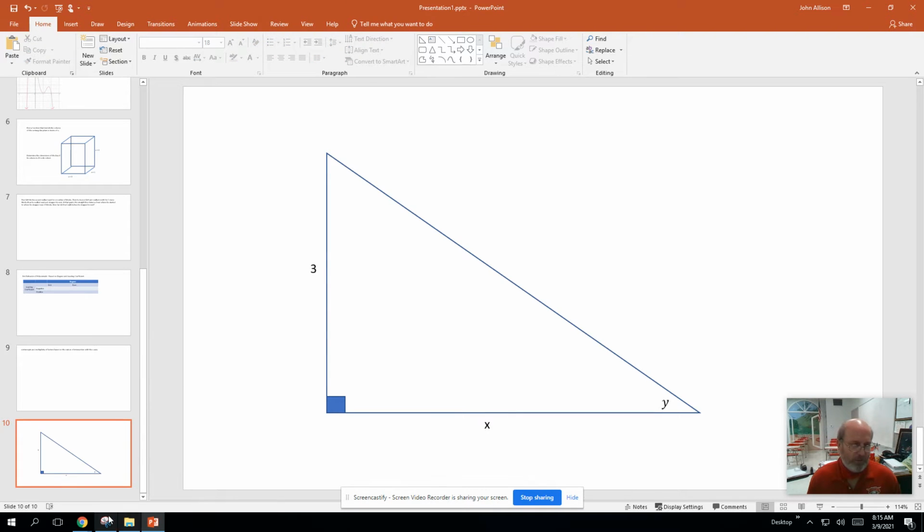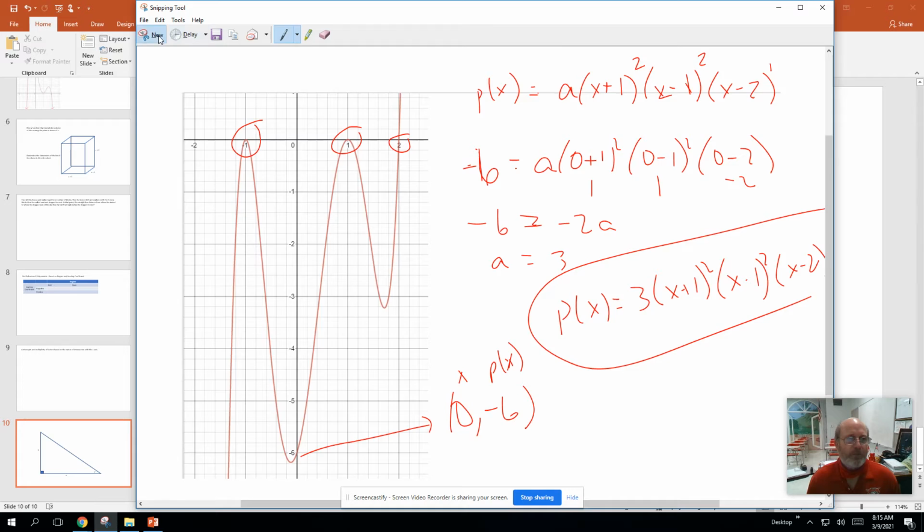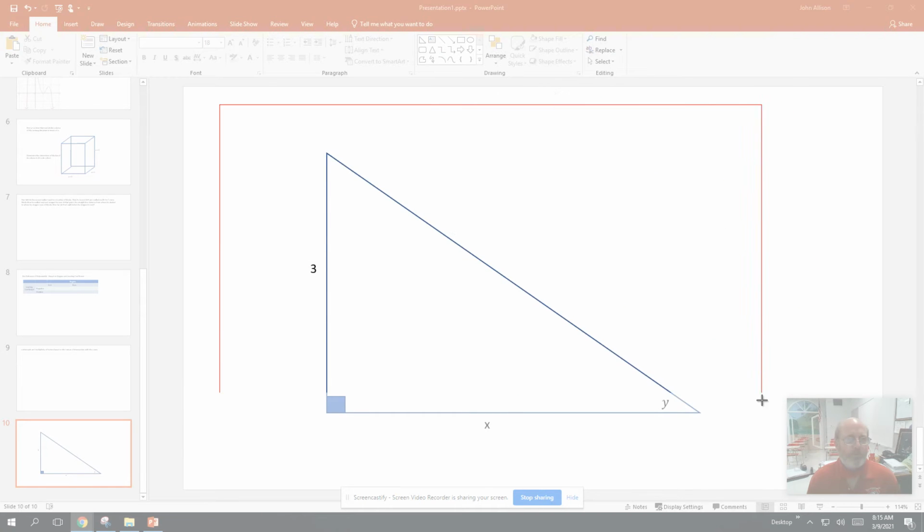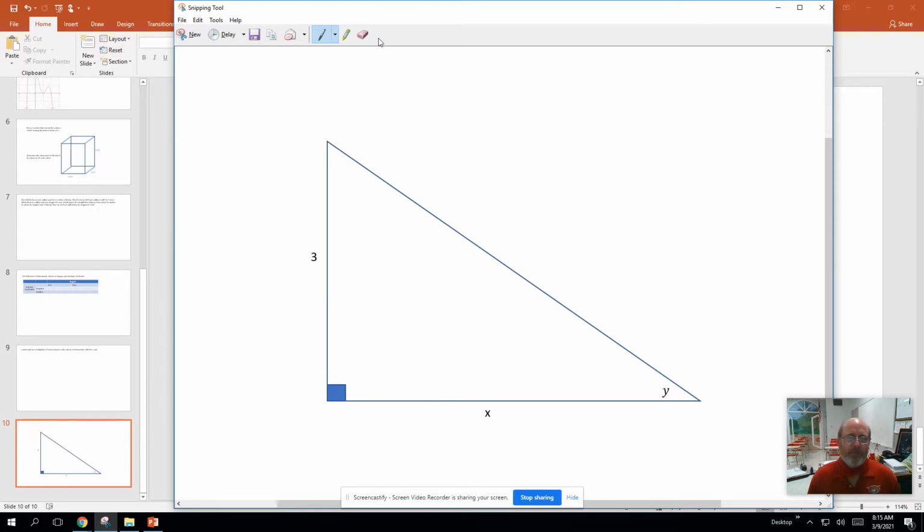Now, if we look at the relationship with y, we know that the tangent of y equals 3 over x. That's the opposite side over the adjacent side. What I want to do is solve this equation for y, so I'm going to take the tangent inverse of both sides.